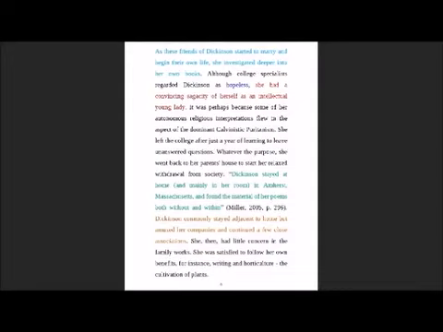As these friends of Dickinson started to marry and began their own lives, after marriage, the meetings became less frequent than previously.